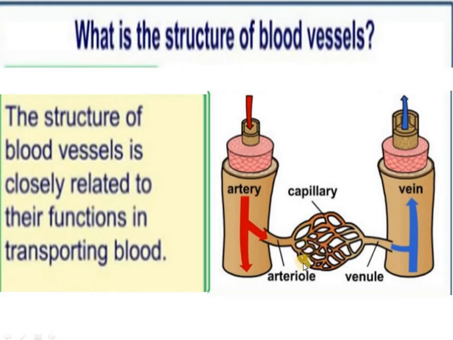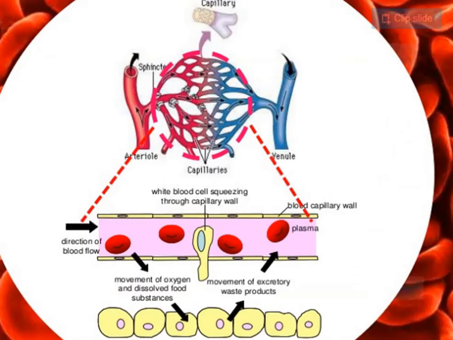On the other hand, the excretory or waste products come out of the respiring cells and into the capillary. The capillaries then form a bigger vessel, which we call a venule. Venules rejoin to form bigger veins.